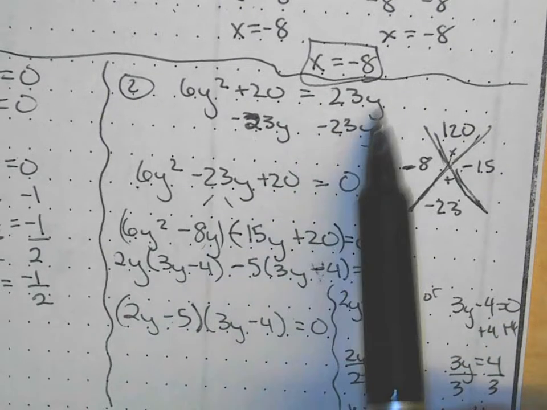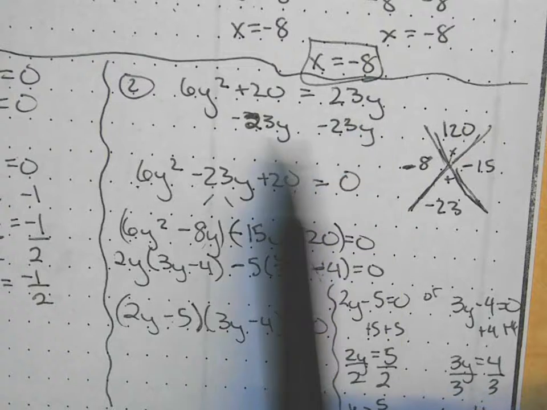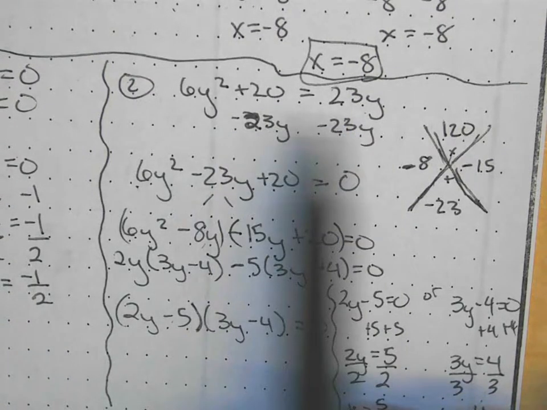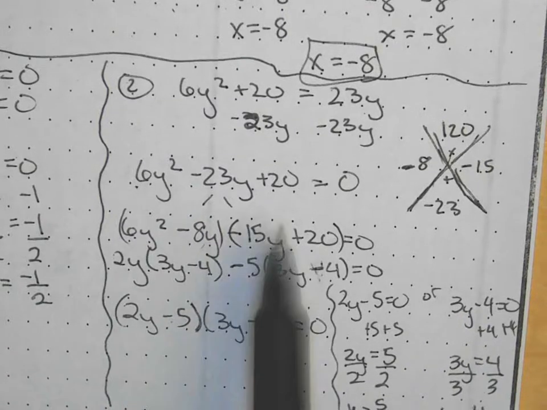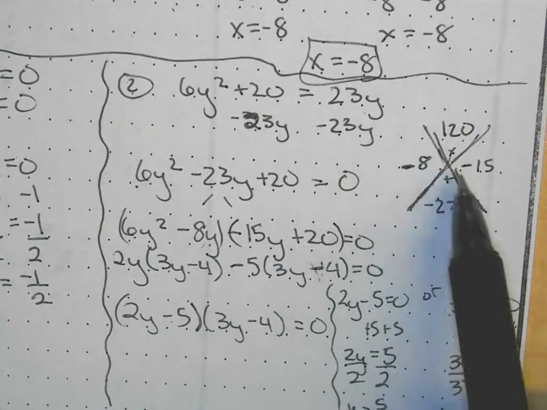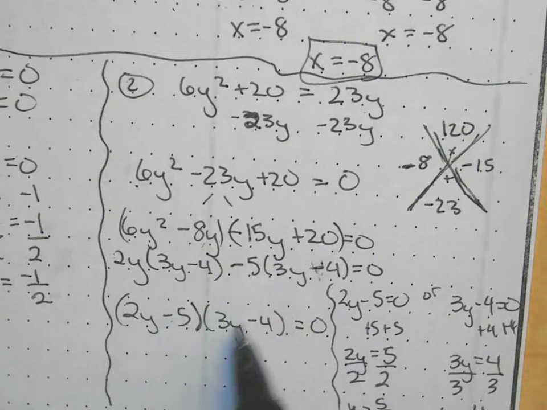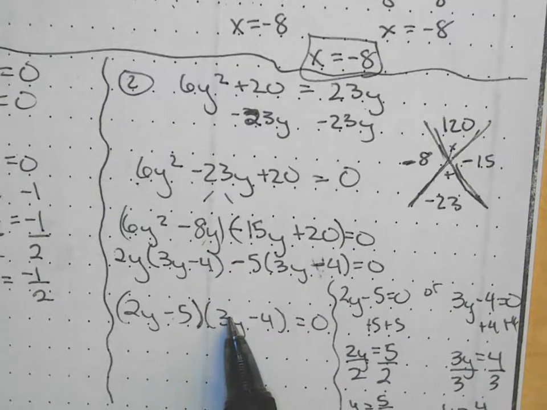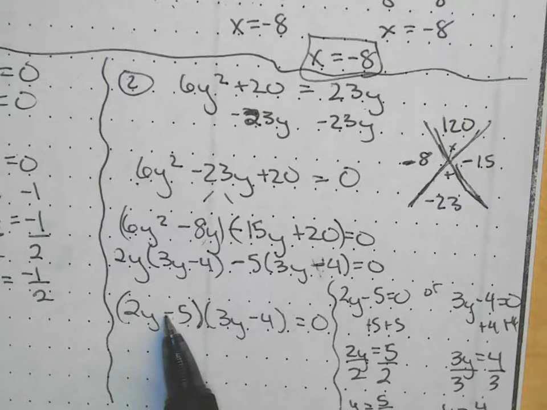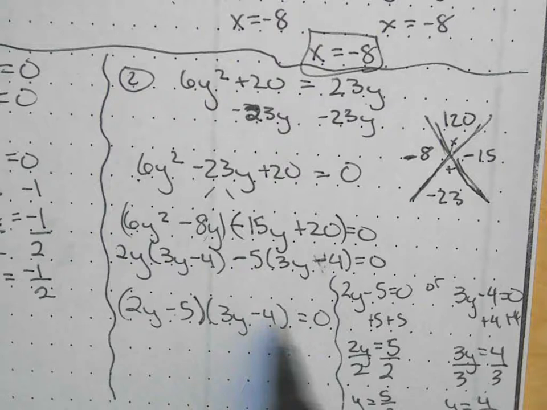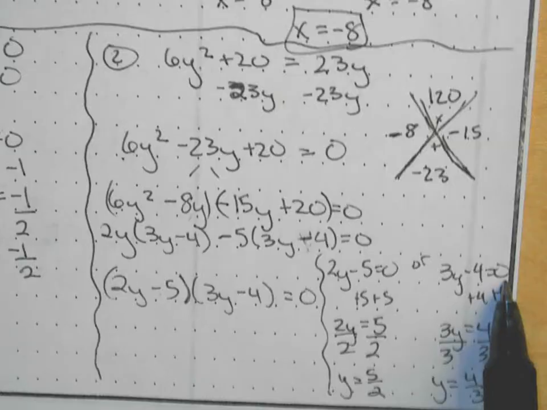So just to recap, first we set it equal to 0 by subtracting or adding whichever we have to do, everything from one side of the equation to the other. Then we factored using our AC method, turned it into a factor by grouping. We get our factored form of our quadratic. Then we take each piece and set that equal to 0. 2y minus 5 equals 0. 3y minus 4 equals 0.